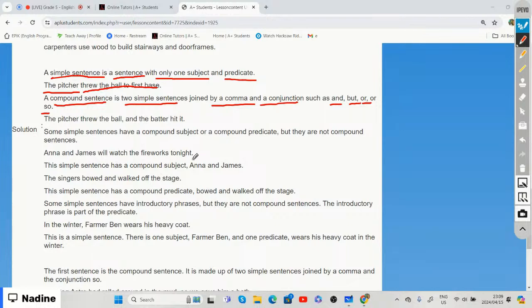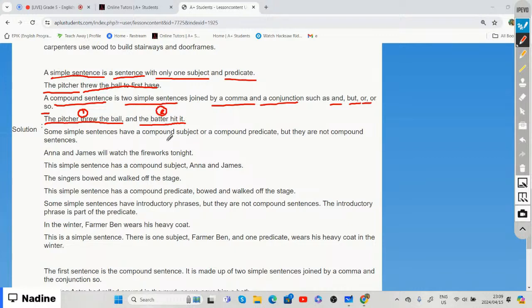If we look at an example of a compound sentence, remember we said it is two simple sentences joined by a comma as well as a conjunction. Sentence one is the pitcher threw the ball. And then the batter hit it is sentence two.